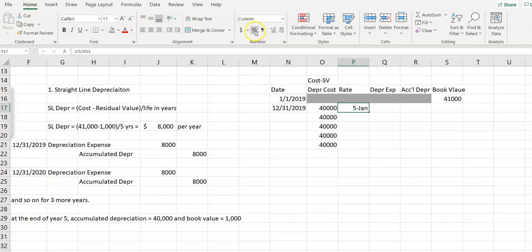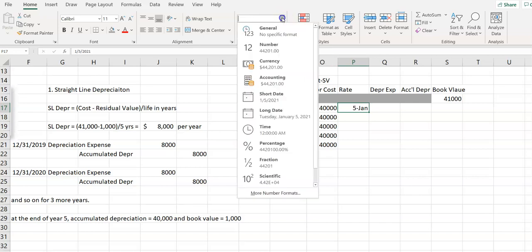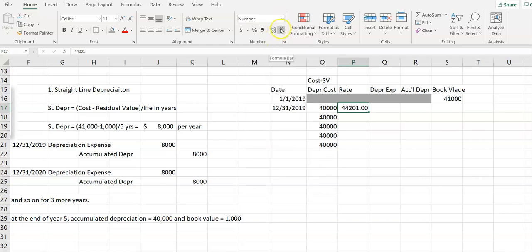And if I change that to a number, it's going to change it to that. Basically, this is 1 over the life, which means it's 20% in our case. It's 1/5. So what I'm going to do is write 1/5 or 20%.